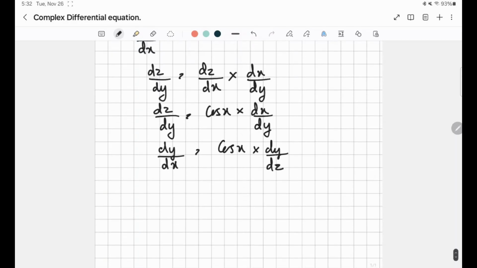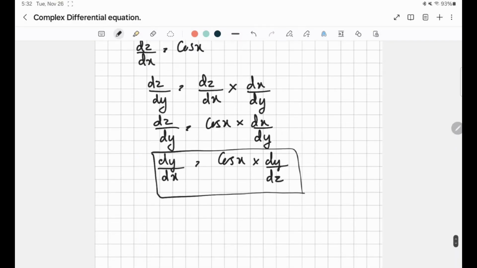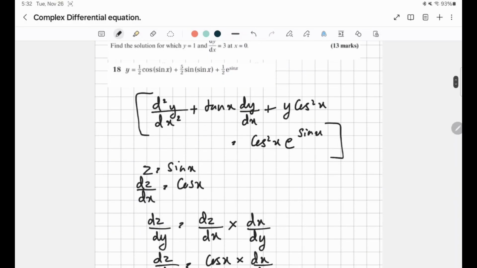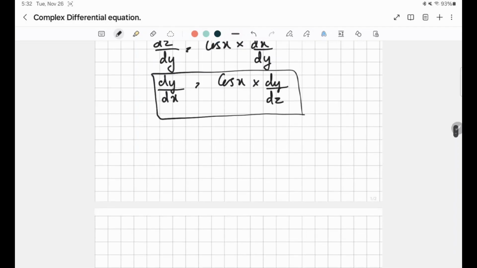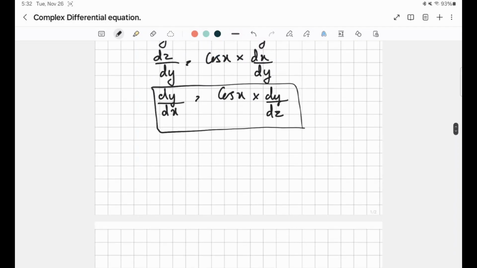Okay, now we found this. Now we have to find the second derivative. We found a substitution for the first derivative, and now we need one for the second derivative. So when finding the second derivative, you differentiate this again.